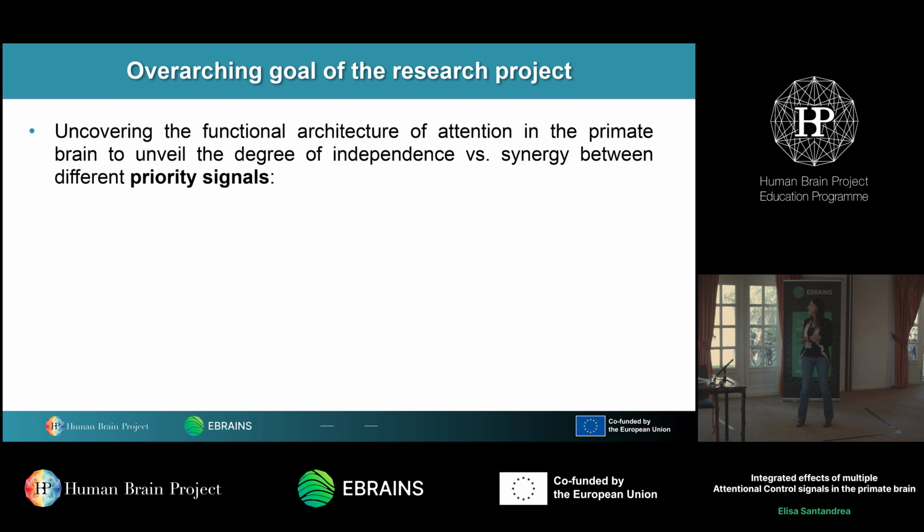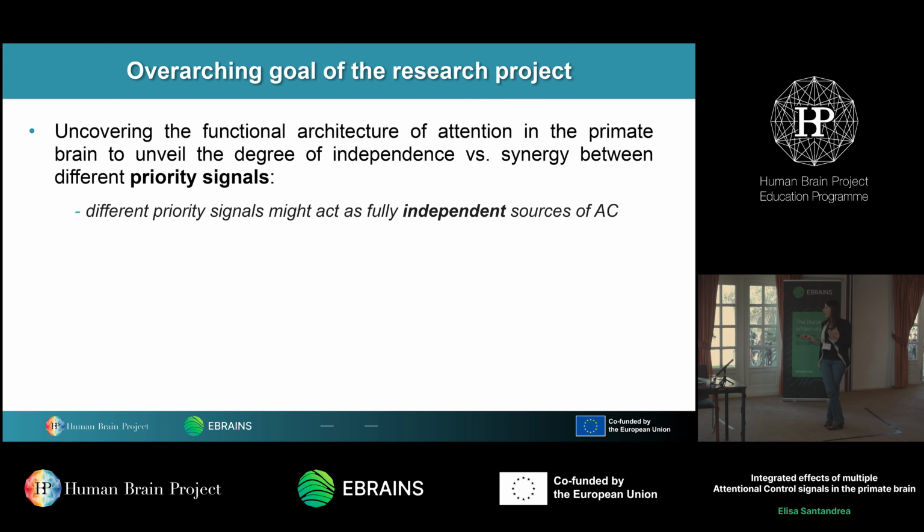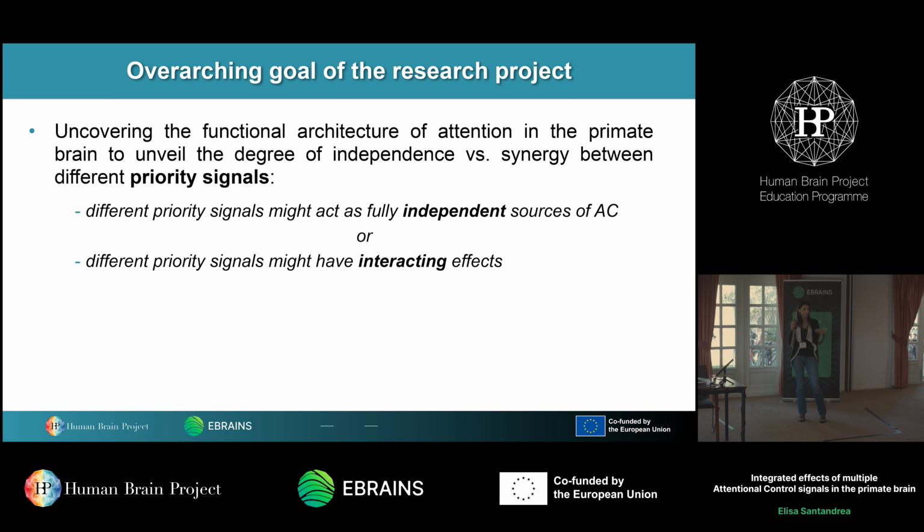And so we try to unveil the degree of independence or interaction between different priority signals, and we consider two extreme scenarios: having completely independent signals contributing to the computation of priorities, or, at the opposite, those different priority biasing signals, attentional control signals, could interact and influence one another.